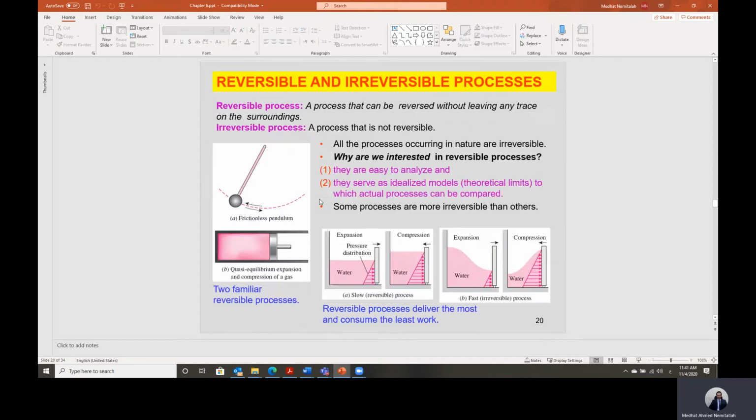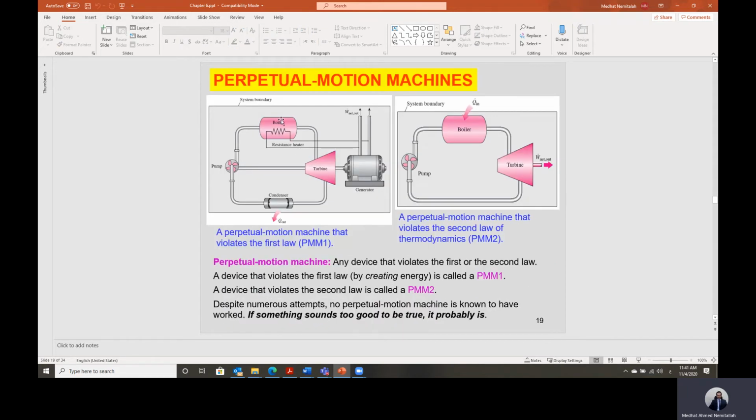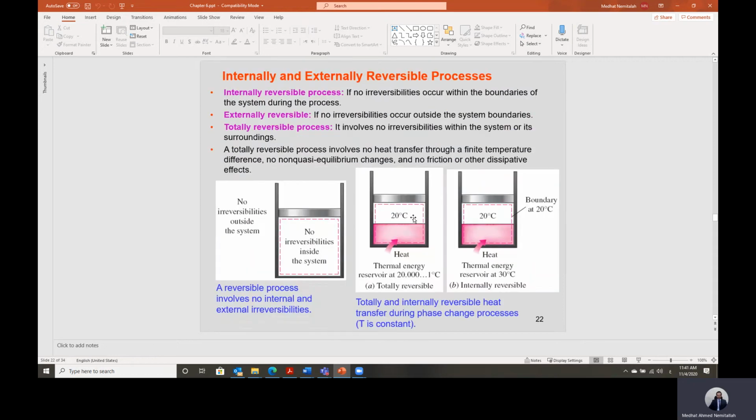If we look at this heat engine, for this boiler, we said we have to add heat to the boiler to convert the liquid to steam. If this heat is added under a difference in temperature, this process cannot be reversed. So for having a reversible heat addition or heat rejection process, the heat addition or heat rejection should be done under constant temperature.